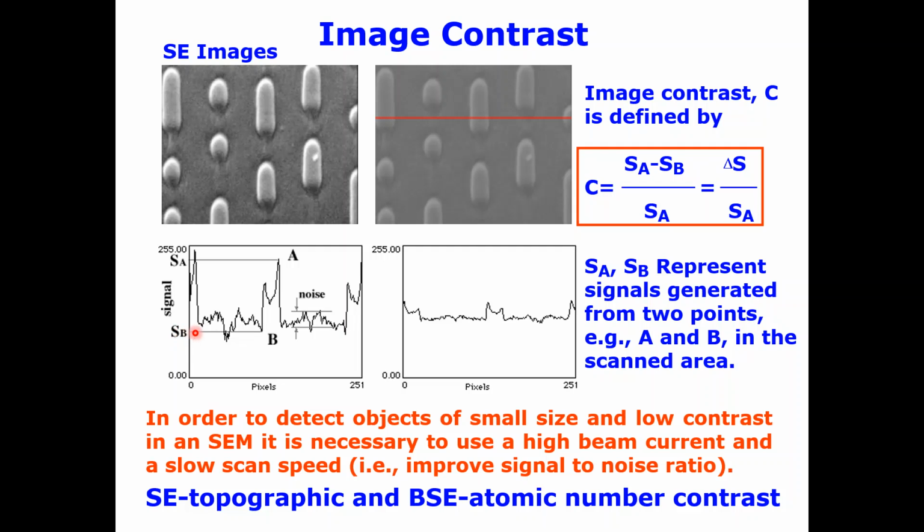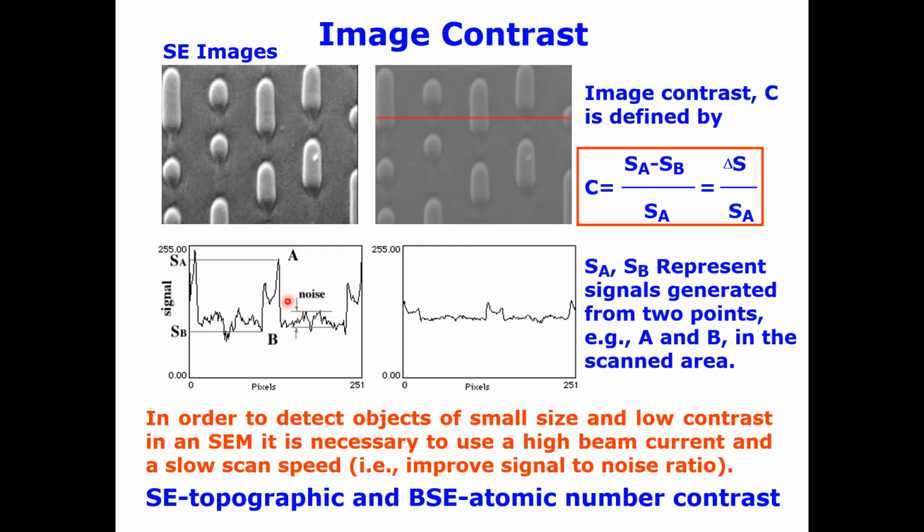A and B are in the scan area. In order to detect objects of small size and low contrast in SEM, it is necessary to use a high beam current and a slow scan speed, to improve the signal to noise ratio, which you can see here.